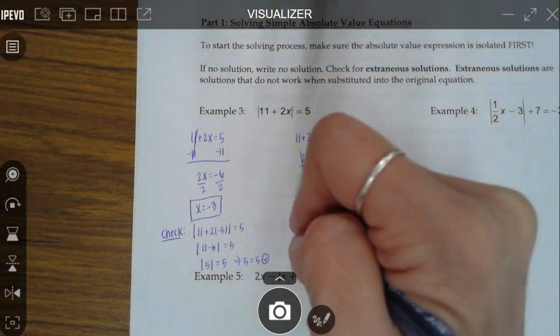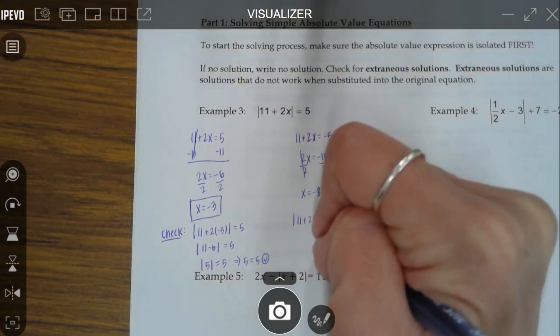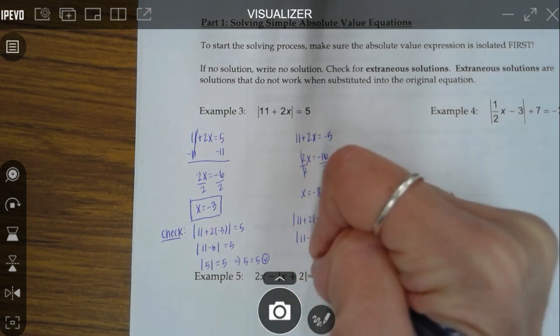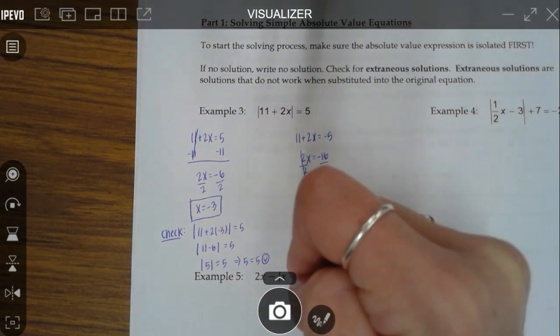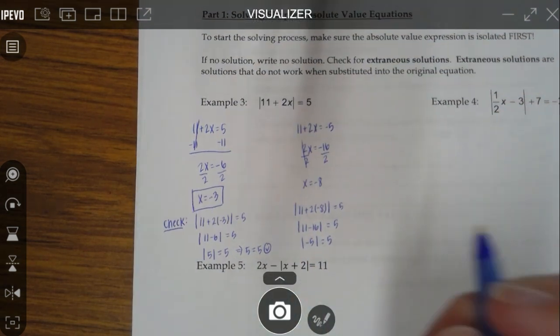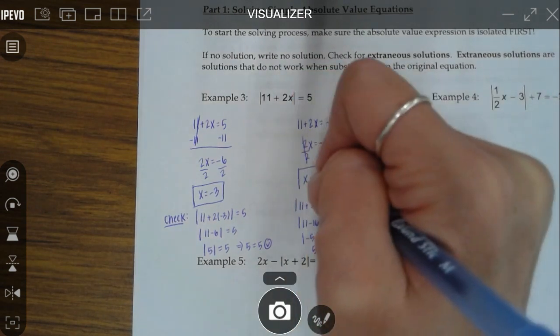Do the same thing for the -8. 11 plus 2 times -8. That's going to give me 11 minus 16 on the inside, which gives me -5 inside the absolute value bars, which should tell me 5 equals 5. So that also works as a solution.